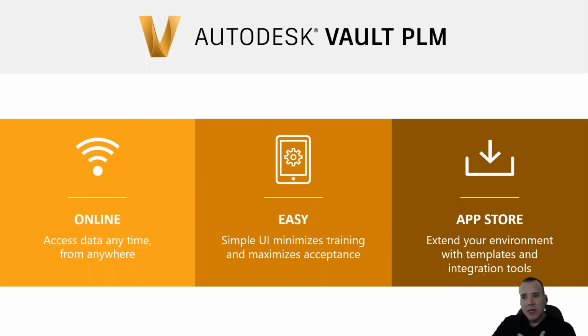And then beyond the things we're going to talk about over the next few weeks, not only is Fusion Lifecycle incredibly configurable, but there's also an app store with lots of apps. I think it was in the 20s the last time I looked, that add functionality to your environment.